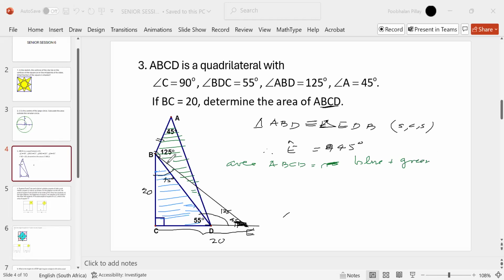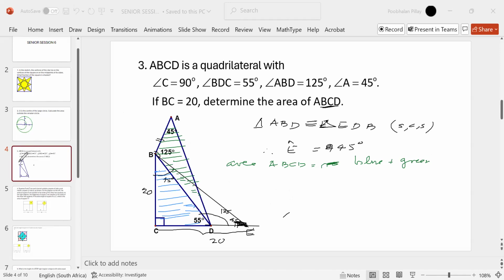But the green triangle, we've just investigated that triangle. It's congruent to BDE, right? So this triangle ABD, that's your green triangle, is congruent to BDE. So they must have the same area.